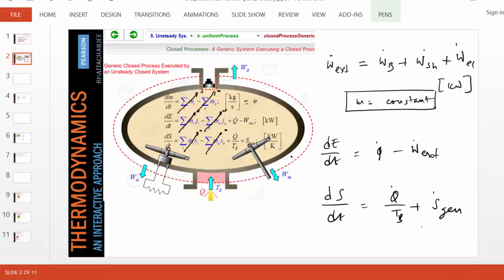For that, we'll be considering what a process is. A process means an unsteady system goes from a given beginning state to a final state. It goes from one state to another state, so that the details in between do not remain important.